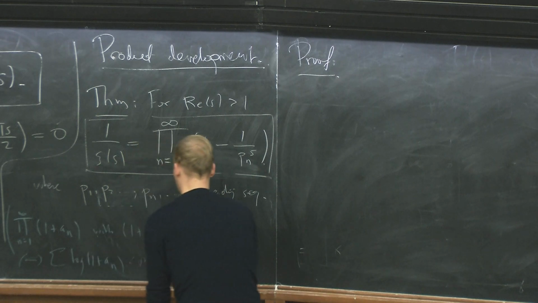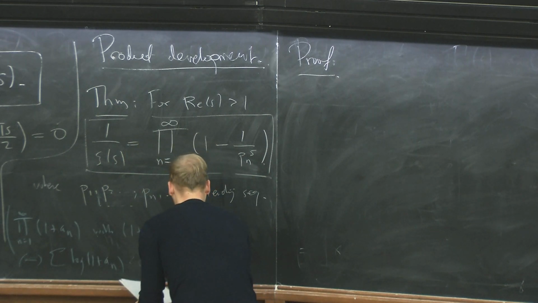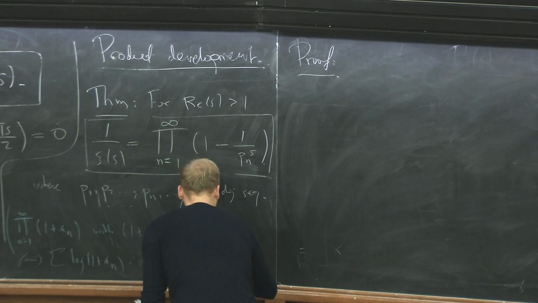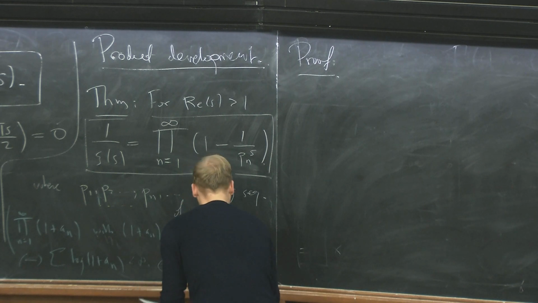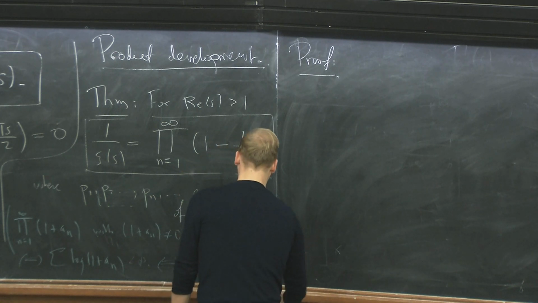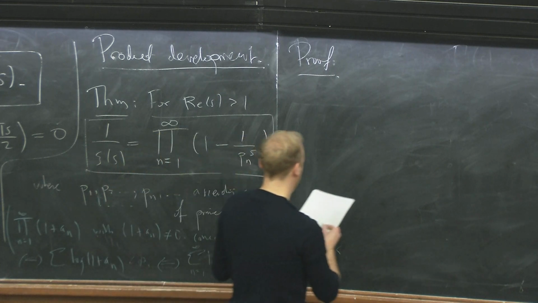And this is a sort of theorem or proposition that this happens if and only if the sum of the absolute value of a_n converges. Okay, so this is what it means, very quickly, for such a thing to converge.